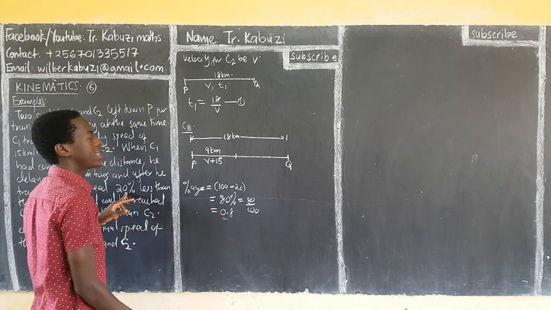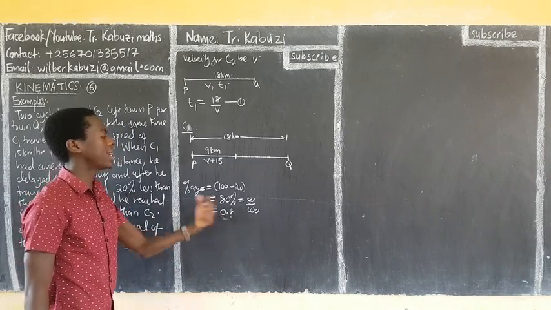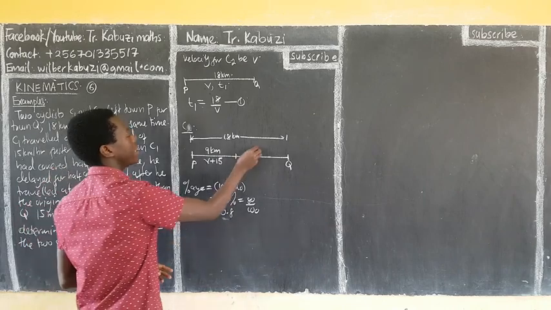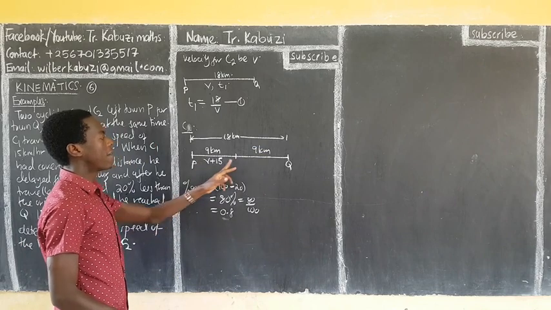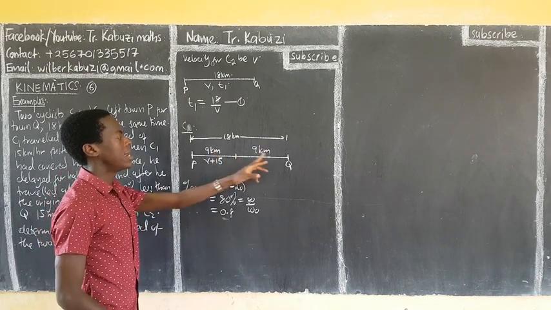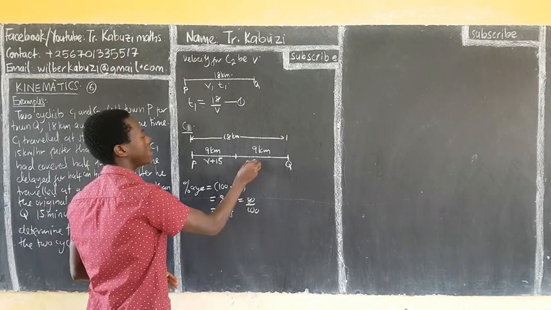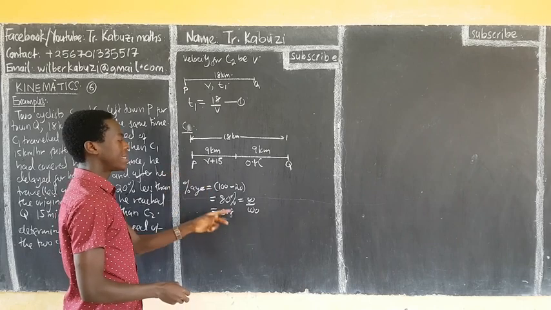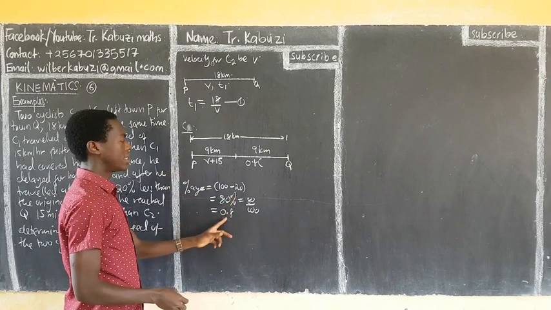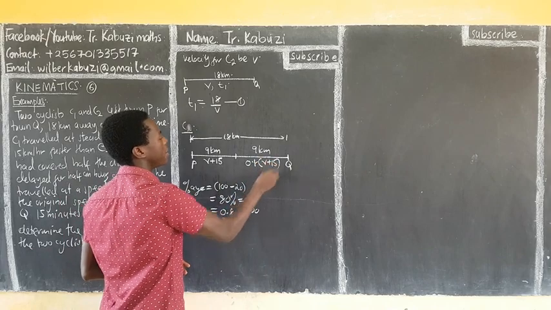This is the speed this man uses when he is covering the remaining 9 kilometers, because if you cover half, this is 9, meaning that the remaining half is also going to be 9. But the speed he's using is going to be 0.8. He never changed the speed, but less 20%. So this is now the percentage times the original speed, which is V plus 15.